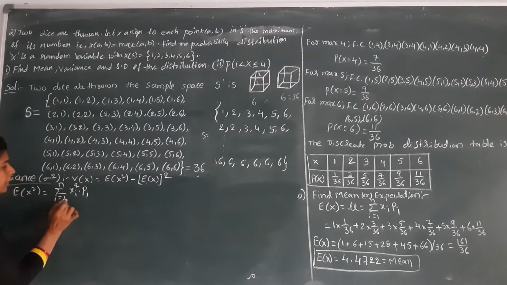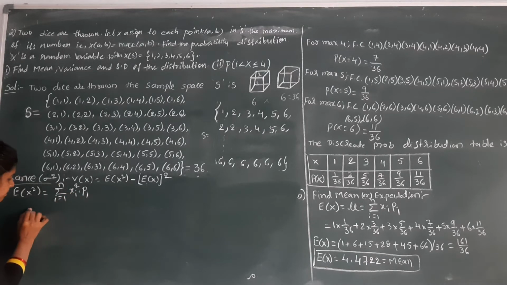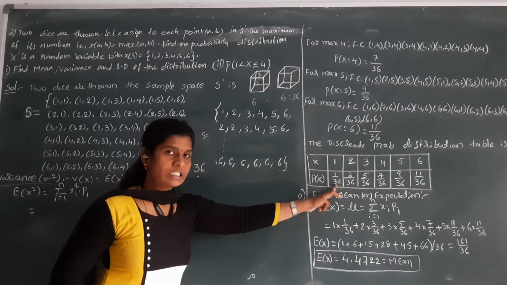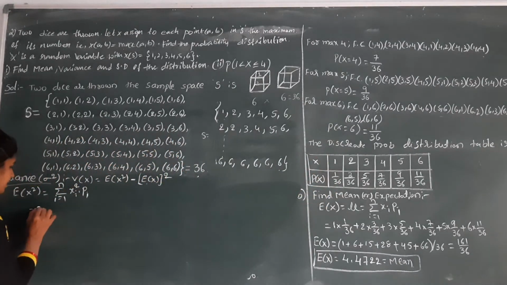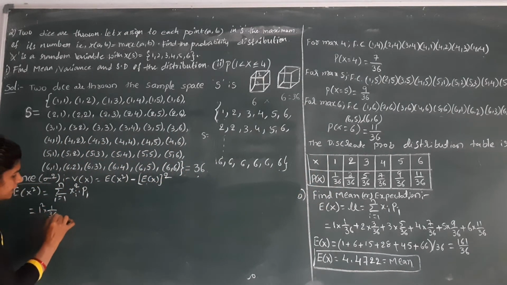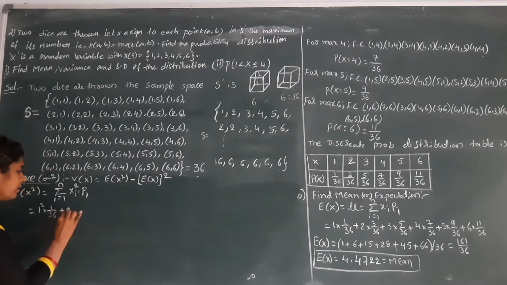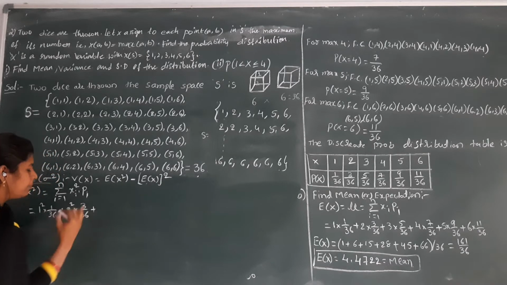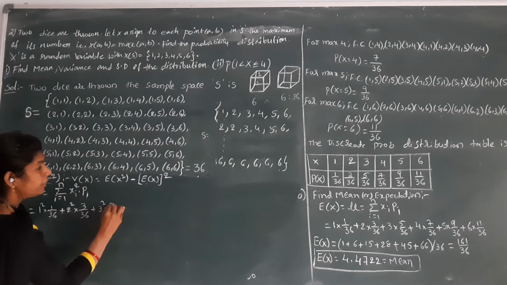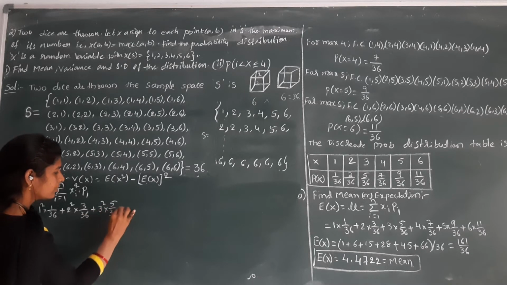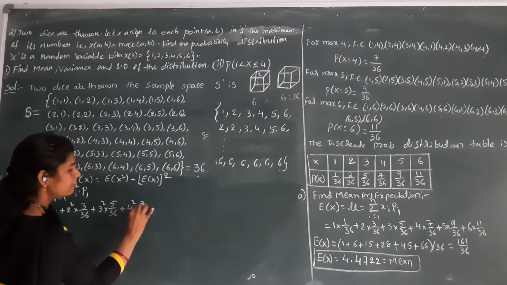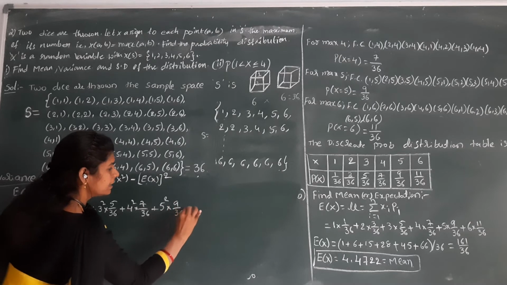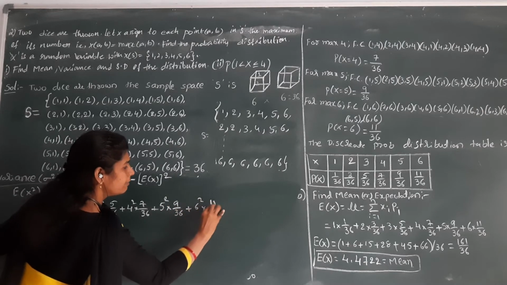That means 1 square into 1 by 36 plus 2 square into 3 by 36 plus 3 square into 5 by 36, 4 square into 7 by 36 plus 5 square into 9 by 36 plus 6 square into 11 by 36.